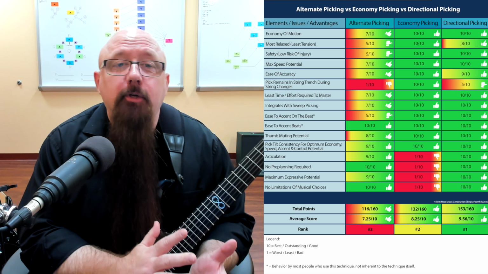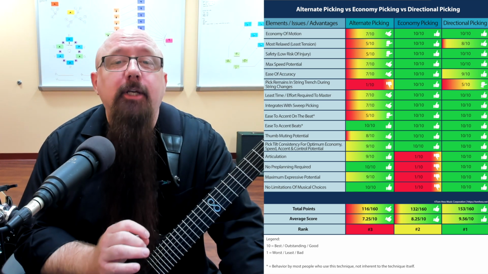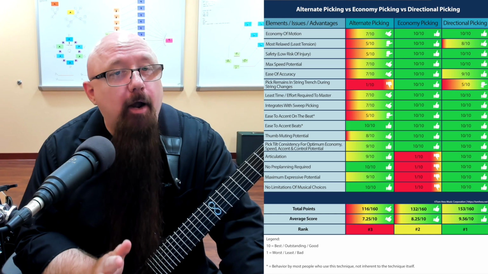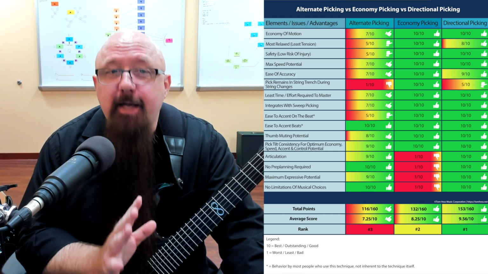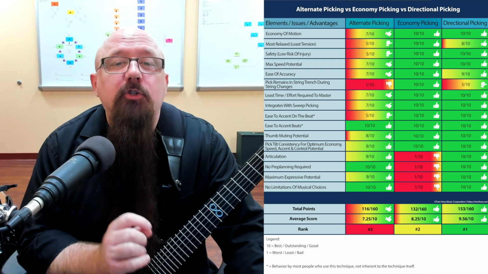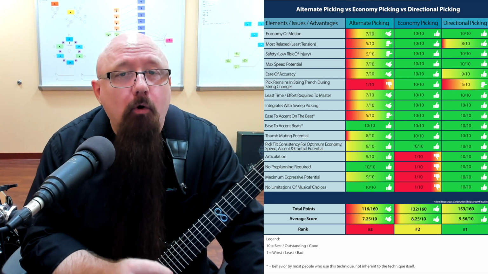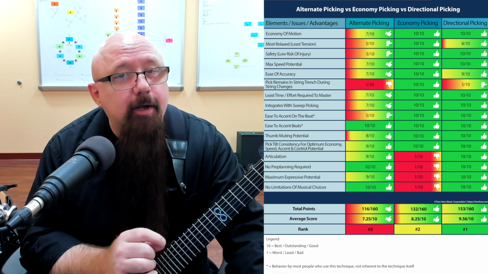Now, both alternate picking and directional picking do exceptionally well in these critical areas. However, economy picking, the one that could have been the most superior guitar picking technique, in my opinion, fails horribly in the 2 most crucial areas.